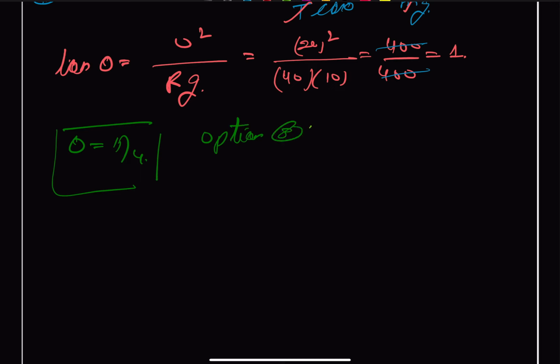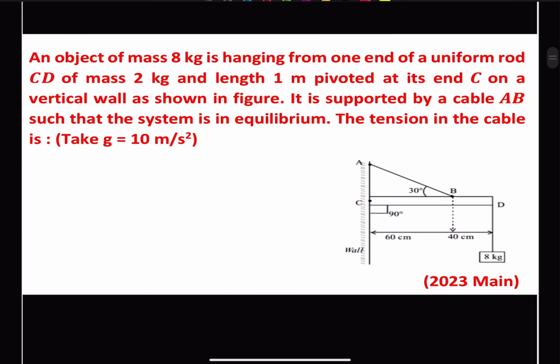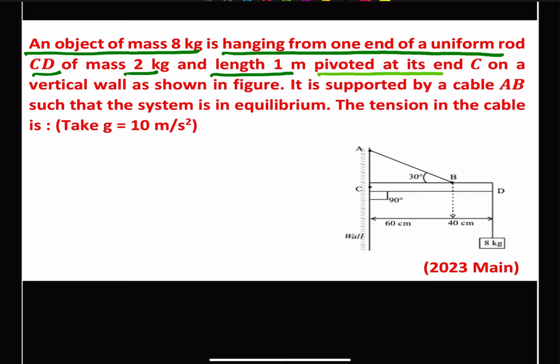Option 3 is correct. Next question. It states that an object of mass 8 kg is hanging from one end of a uniform rod CD of mass 2 kg and length 1 meter, pivoted at its end C on the vertical wall as shown in the figure.